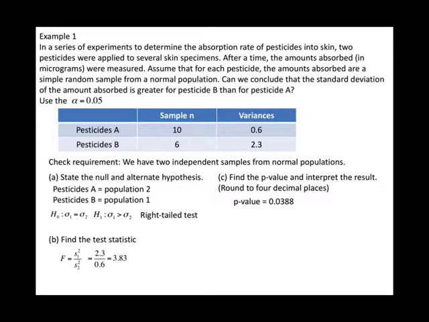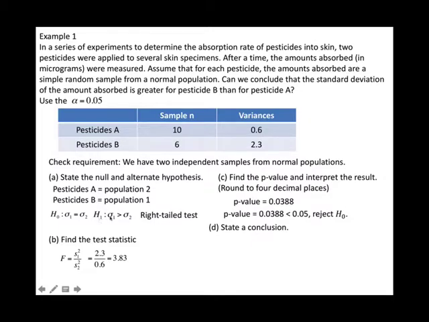And then we're going to interpret the result. Okay, we're going to compare with your significance level. This is 0.0388, this is 0.05. Should be less than, right? Less than, we're going to reject the null hypothesis. Okay, and then state the conclusion. Which conclusion are you going to use? 1, 2, 3, 4.